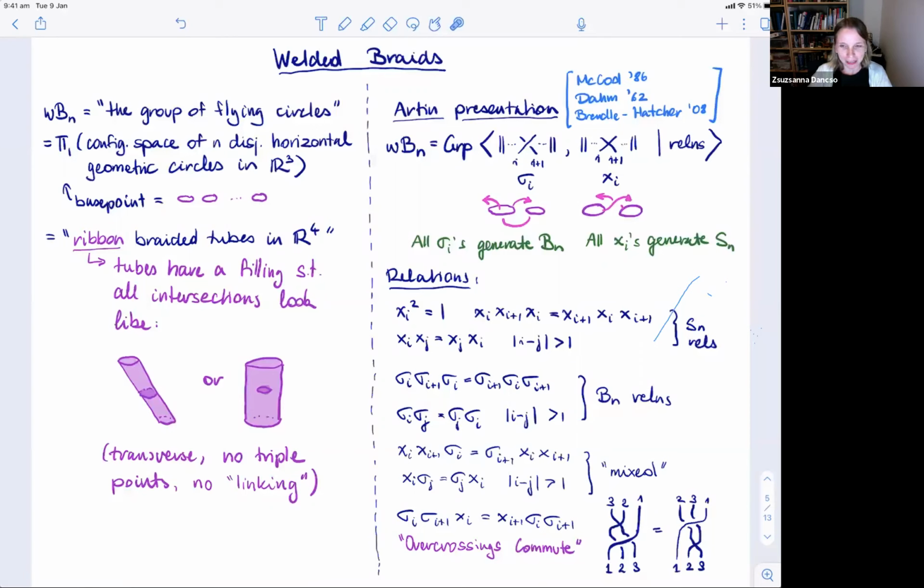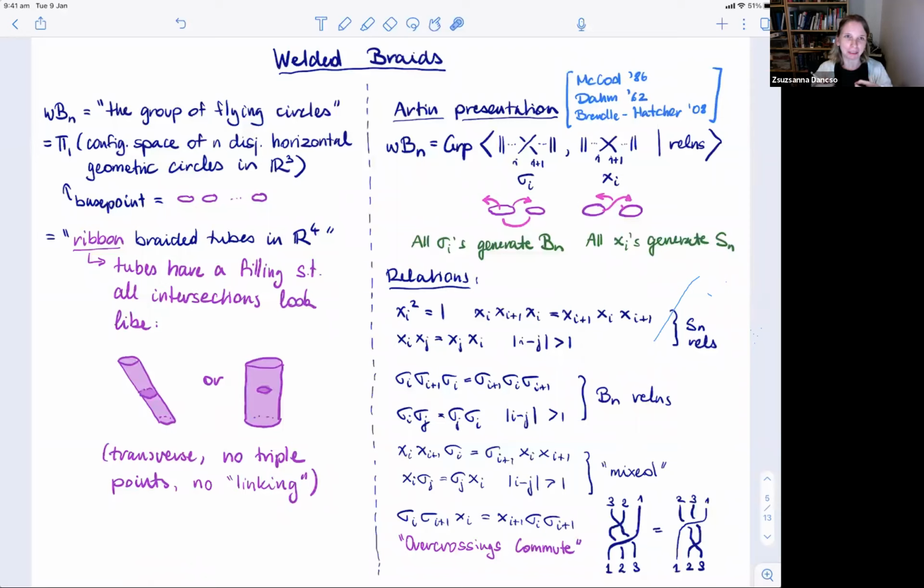So you probably are familiar with the description of ordinary braids, so classical braids, as the configuration space of disjoint points in the plane. So similarly, the welded braid group can be described as the fundamental group of the configuration space of n disjoint horizontal circles in R3.